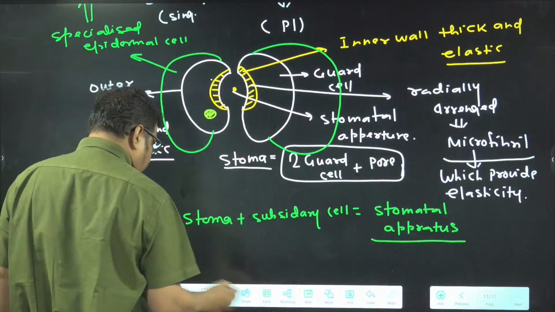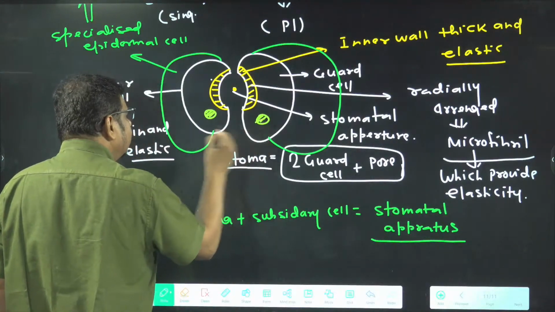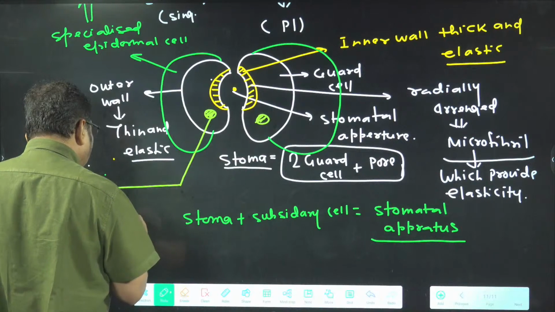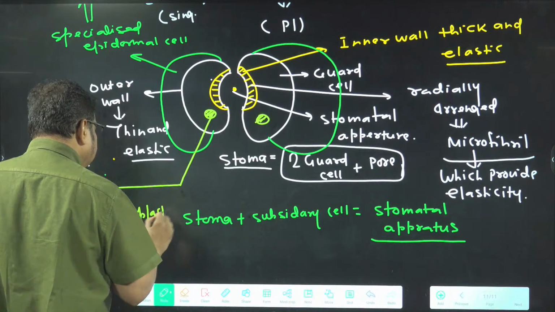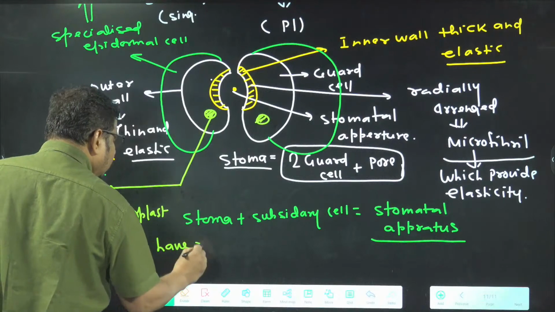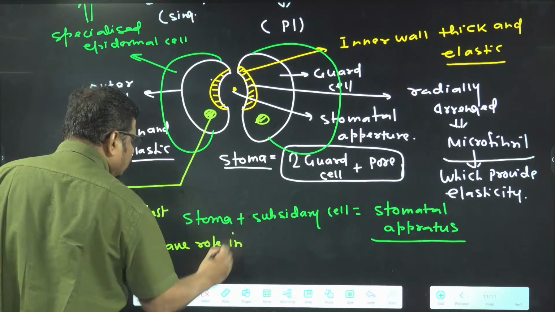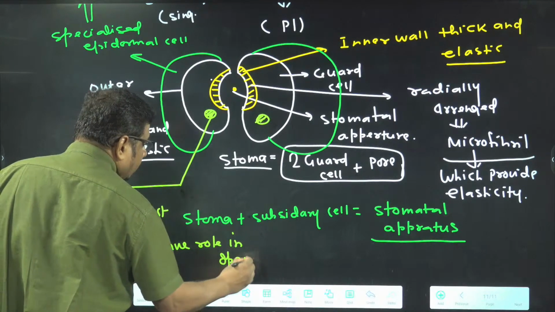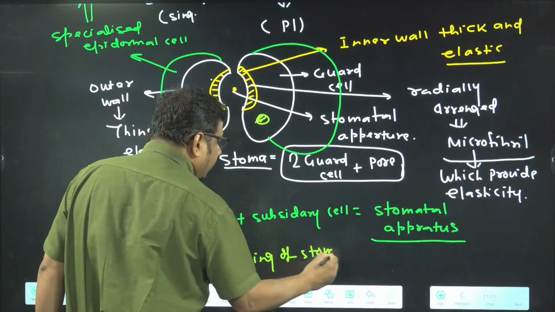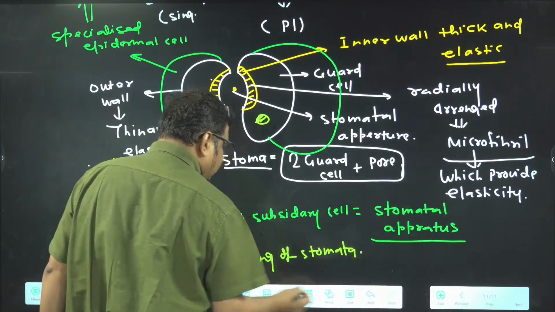Now, one important function: the guard cells of the stoma have what? Chloroplast. Chloroplast is present in guard cells. And these chloroplasts have a role in the opening of stomata. So I am writing an important line.